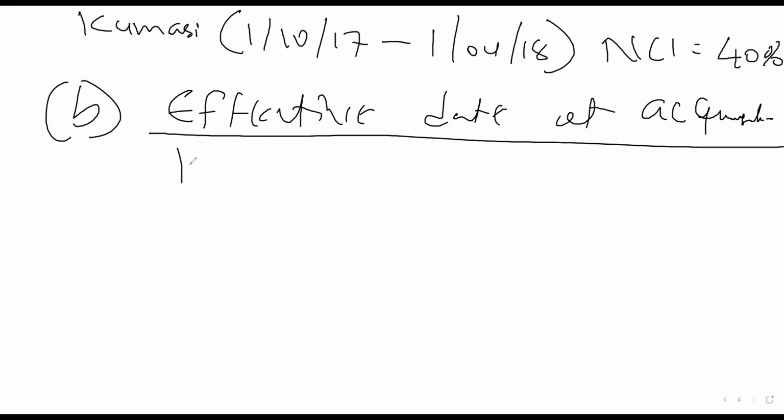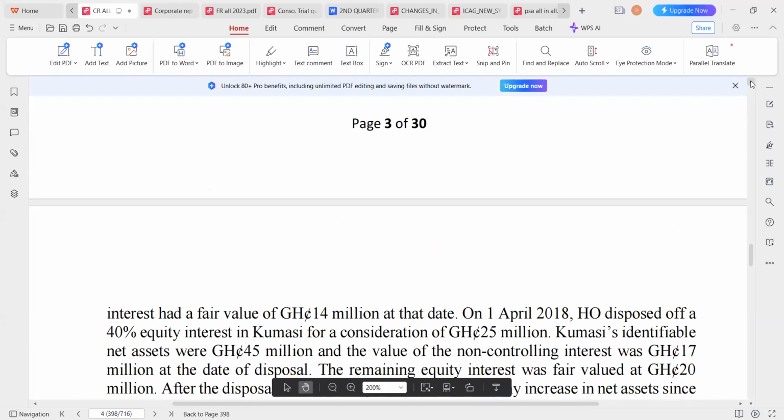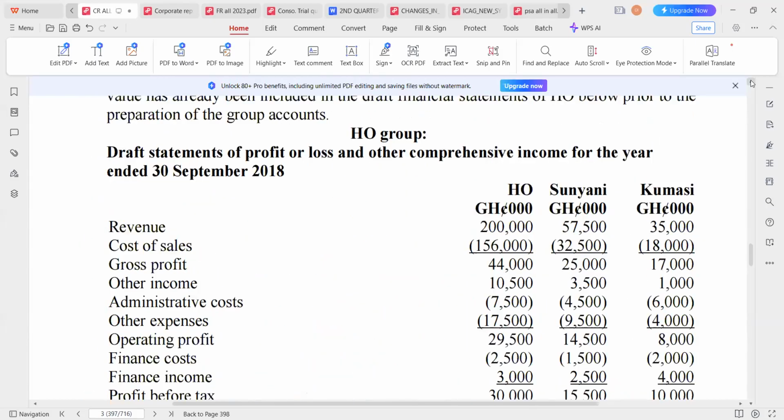So for Kumasi, for Sunyani, let's go. Which one is available? Sunyani's own is on top here.